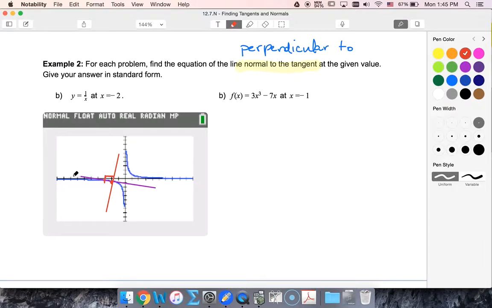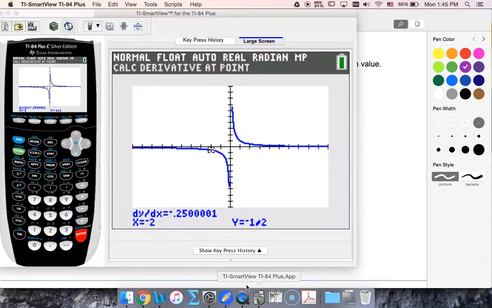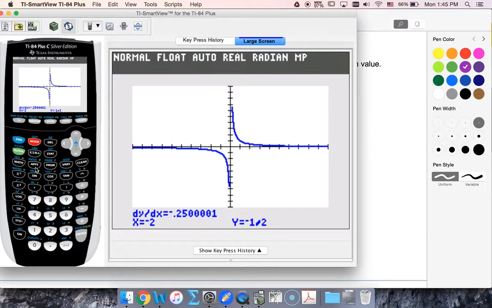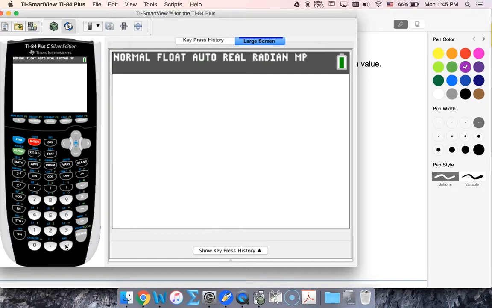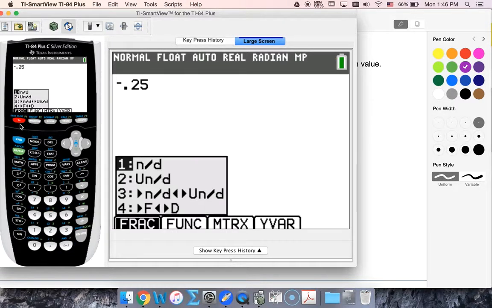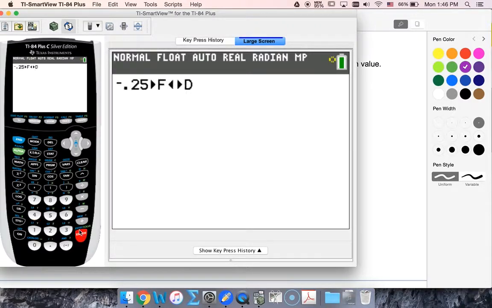So we know that for the purple line, the slope is -0.25, or as a fraction, that's the same as -1/4. So if I didn't know that automatically, I could come in and type in -0.25, and then go back to my fraction menu and see number 4 goes between fraction and decimals, and I get -1/4.